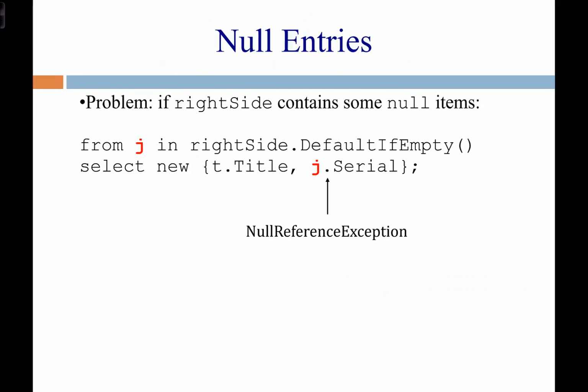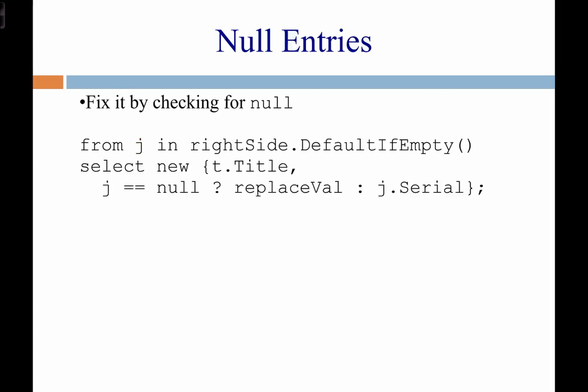One small issue here, though, is J, in this case, is sometimes going to be null. And that's the whole point, in fact, is we want nulls where there's no match for the title. But as soon as we try to dereference null, we get a null reference exception. And we saw the way to fix this is we just use a ternary expression to check for null in those J values, and we do that right inside of the select.